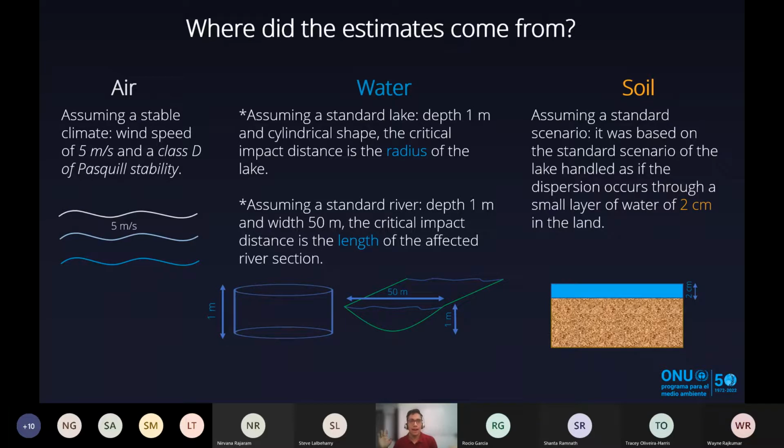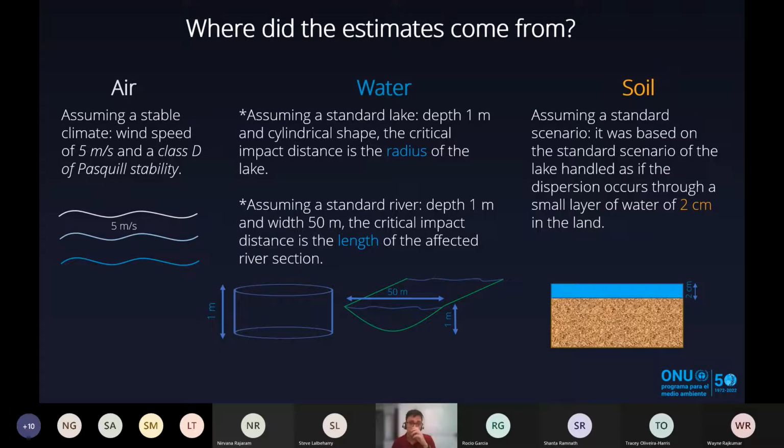But you may say, okay, I have many lakes in my country, and some of them are 3 meters in depth or 50 centimeters in depth. So how can these estimations from the FEAT work? Well, Juan Carlos is going to explain later how these differences in the geometry of water bodies will change the estimations from the FEAT. For example, if you have a bigger depth of water, the radius of the affected area would decrease because you have more water to dissolve the chemical in the water column.